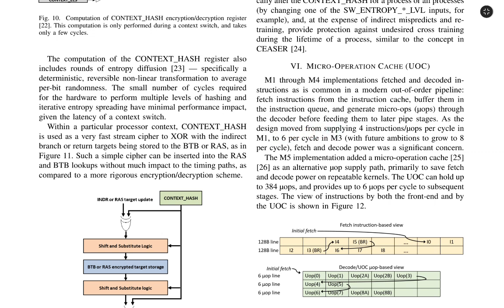As the design moves from supplying 4 instructions or micro operations per cycle in M1 to 6 per cycle in M3, with future ambitions to grow up to 8 per cycle, fetch and decode power is a significant concern.